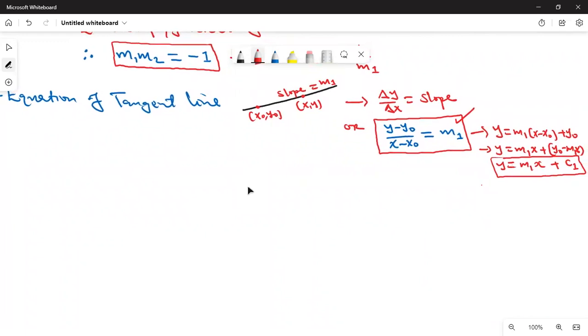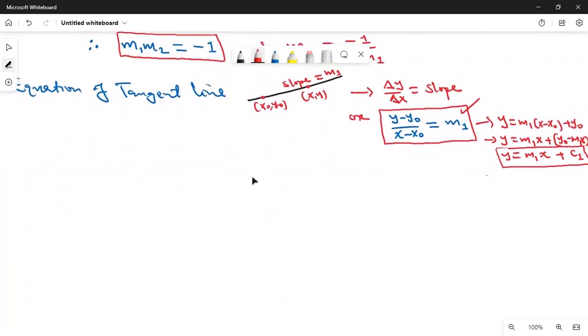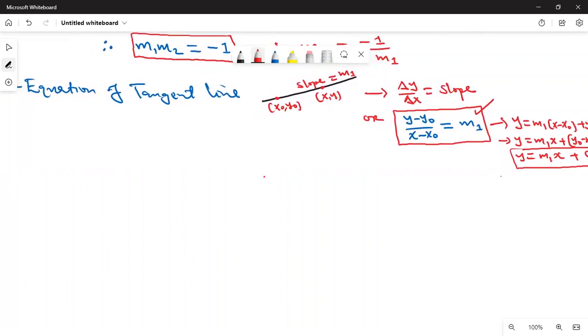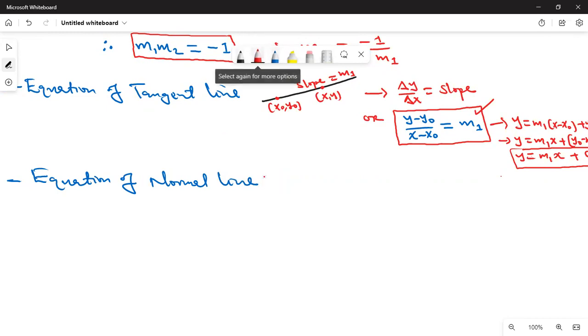So let's see how to find the equation of the normal line. Another one is the equation of normal line. Again, I'm going to sketch this line.